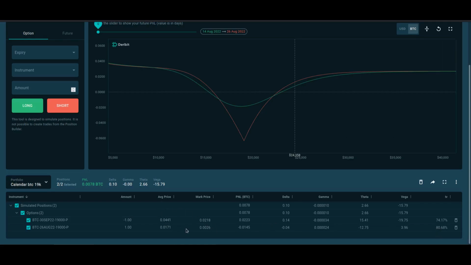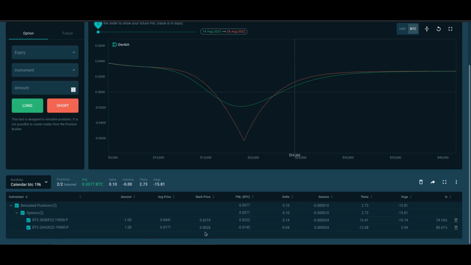That will mean that the price of our option, the market price, mark price, will go down as well, because if volatility is high, the market should put more risk, more deviation into current options.